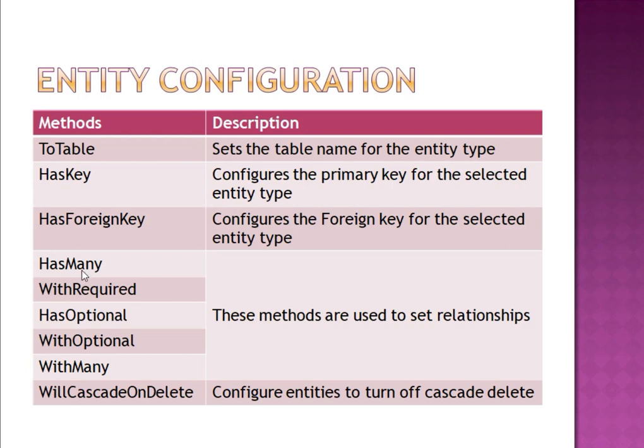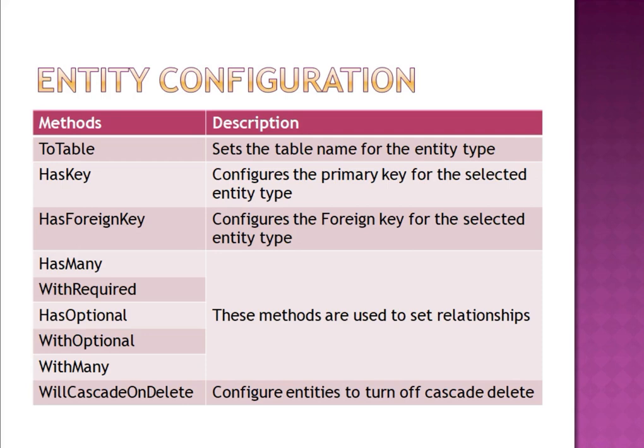Now, the following methods, from HasMany, WithMany, HasRequired, WithRequired, HasOptional, WithOptional, and WithMany, all these methods are used to establish relationships between entities. Now, what are the relationships? One to one, one to many, many to many.